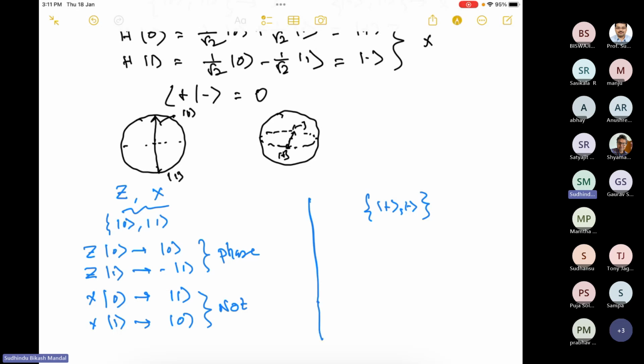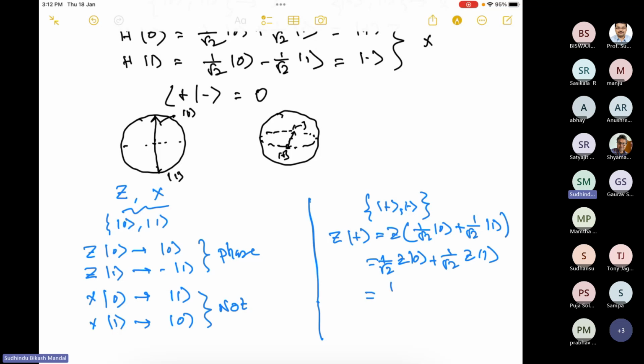Now coming to this point, if we work on this plus minus basis, what will happen if we apply the Z operation over the plus state? So write this plus state, 1 by root 2 0 plus 1 by root 2 1. Now take 1 by root 2 Z over 0 plus 1 by root 2 Z over 1.